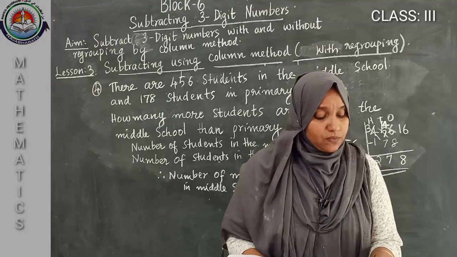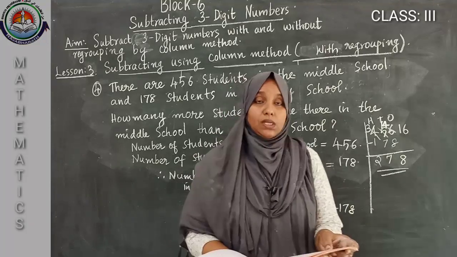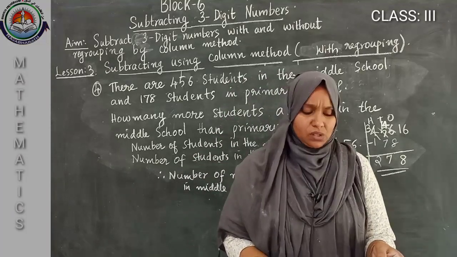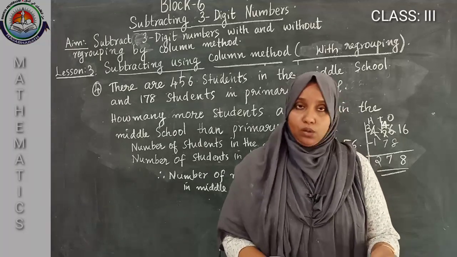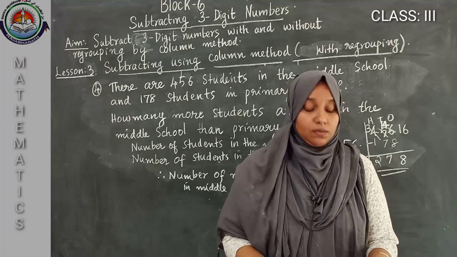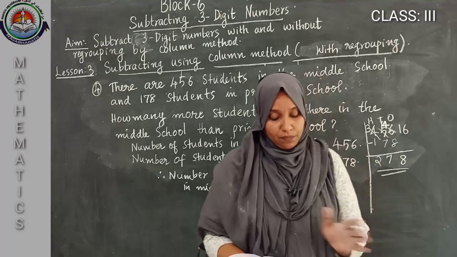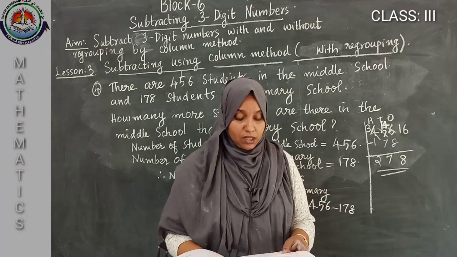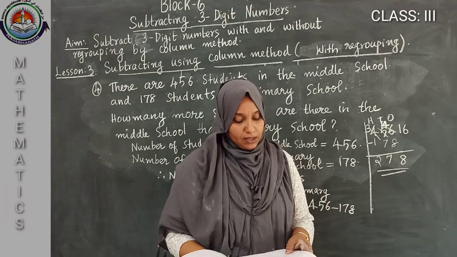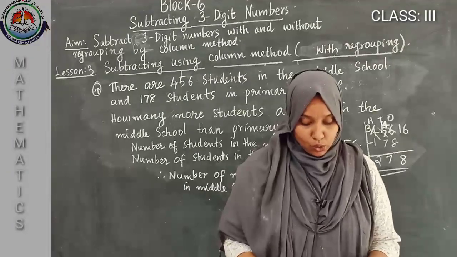The first question is a 3-digit number and the second number is a 2-digit number, so it is so easy. 278 minus 23. 8 minus 3 is 5. 7 minus 2 is 5. Like that you can do. The second question B is also easy. Subtract the numbers, one has been done for you. That is also without regrouping.